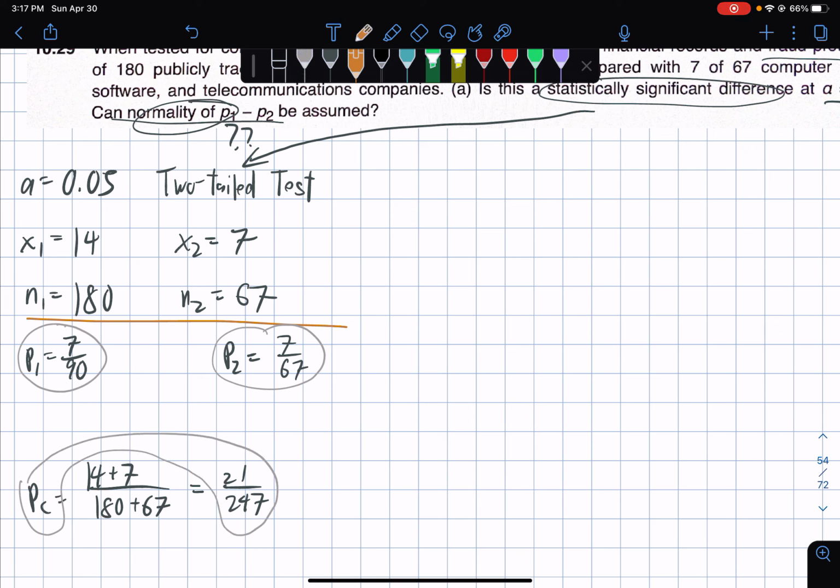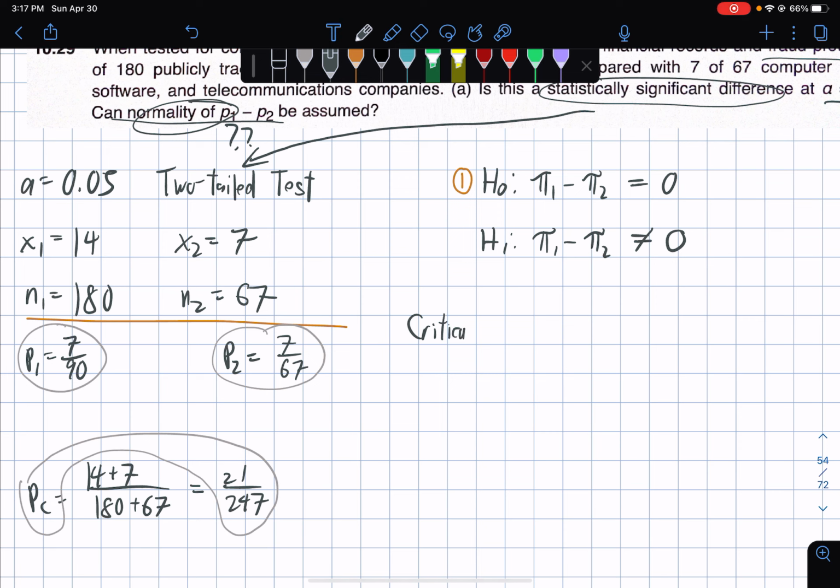So let's start with step 1. H0, H1. This is a two-tailed test, so equal and not equal sign. And 0, 0. Critical z value. What is it? Alpha is equal to 0.05.